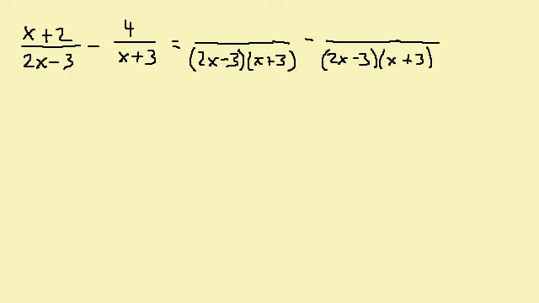Alright, so now what we need to do is, what do we need to multiply to this denominator here to get our common denominator? Well, you can see we need to multiply this times x plus 3. So that means we need to multiply this numerator here, this x plus 2, times x plus 3.